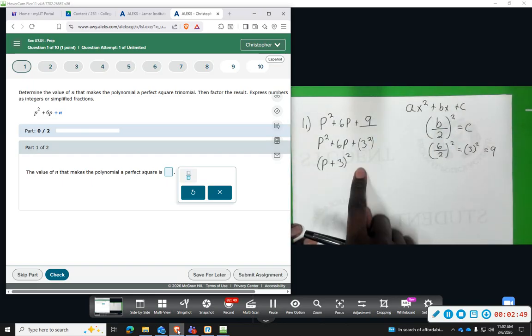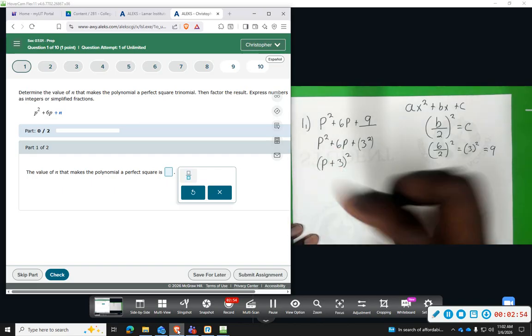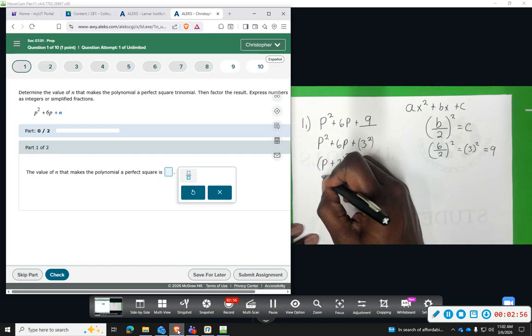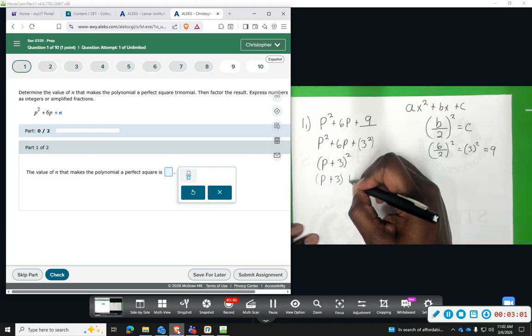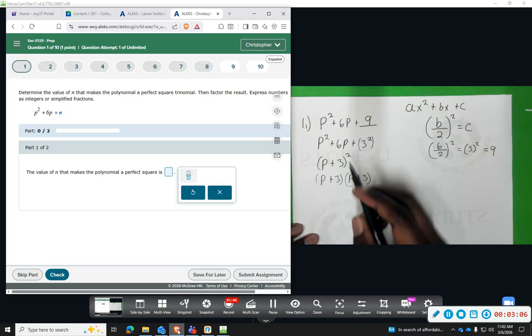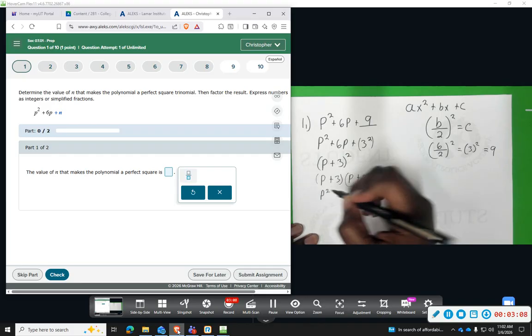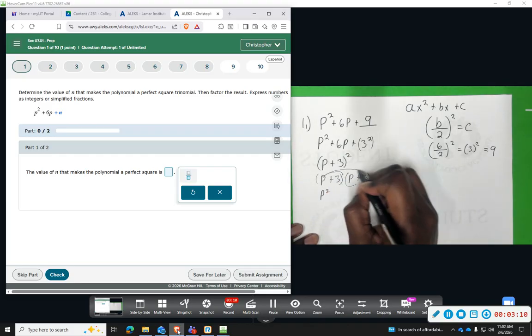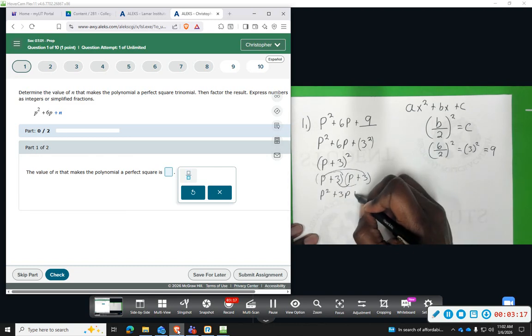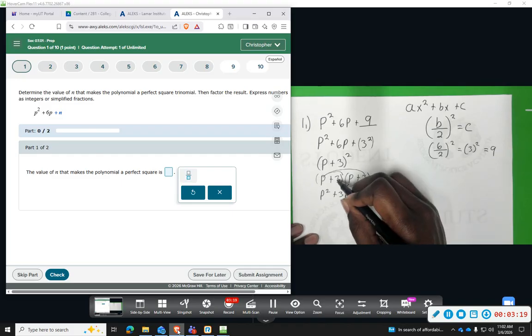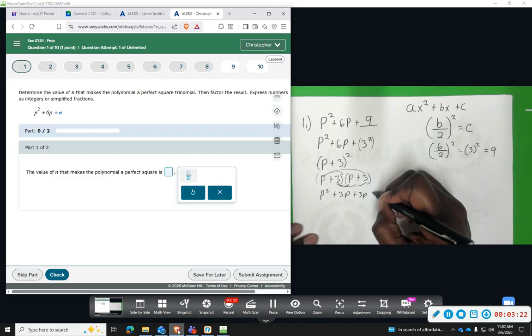And so I'm going to go ahead and show you that, hey, we didn't just ignore the 6p, it's buried in there, it's just in the factor form. So I'm going to FOIL this out just so you can see. If we do p plus 3 times p plus 3, p times p will give us p squared, and then p times the 3 will give us plus 3p, and then this inside 3 times p will give you another plus 3p, and then 3 times 3 will give us plus 9.